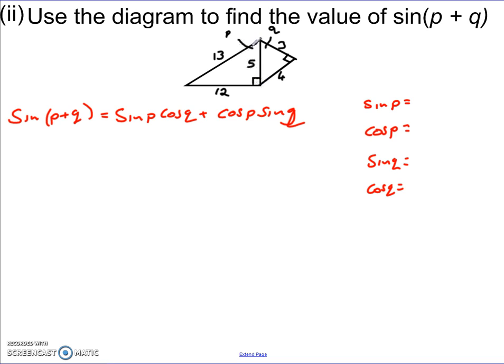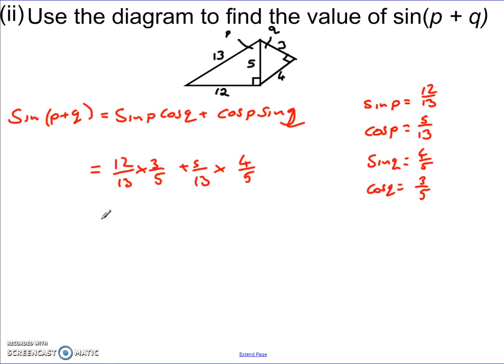So here's P, so sine P is opposite over hypotenuse, so sine P is 12/13. Cos P is adjacent over hypotenuse, so it's 5/13. Sine Q, opposite over hypotenuse again, so it's 4/5. And cos Q is 3/5 from that triangle. So it's then just a case of plugging it in and simplifying it. So sine P cos Q is 12/13 times 3/5, plus cos P sine Q is 5/13 times 4/5.